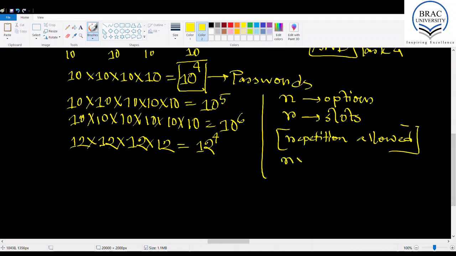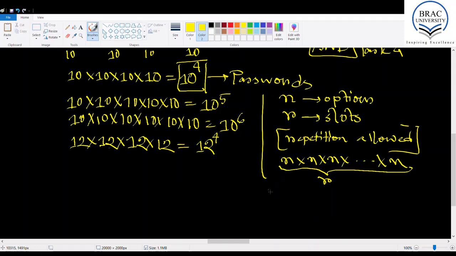There would be n times n times n times, and so on. And can you answer how many n's there will be? Yes, since there are r slots, there would be r number of n's.